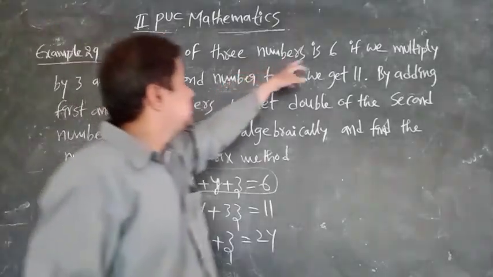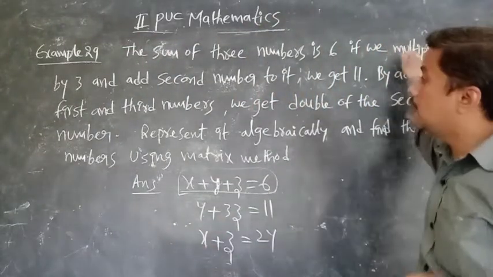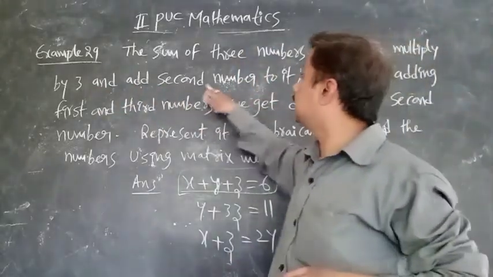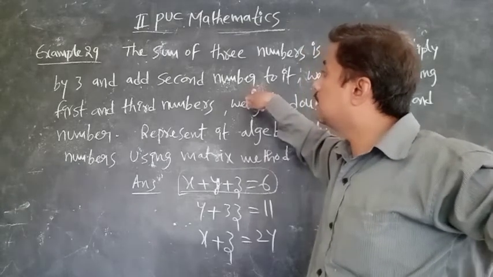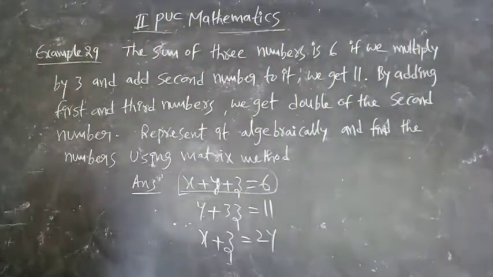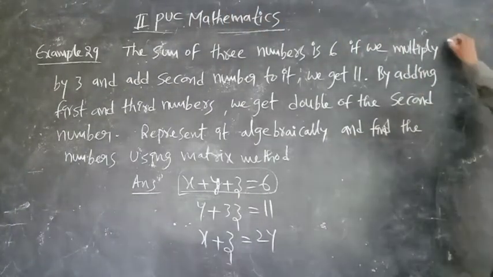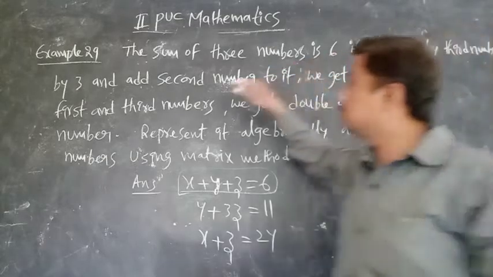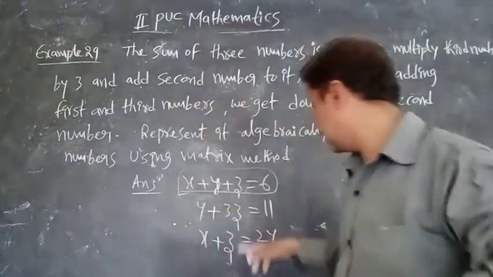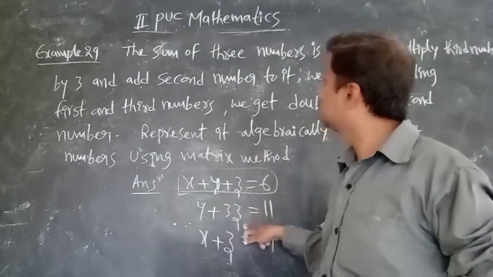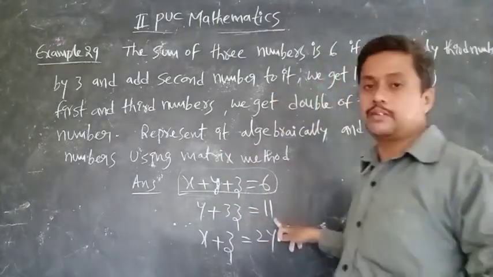Next, the second one. If we multiply the third number by 3 and add the second number, we get 11. The third number means z, so 3z, and the second number means y, so y plus 3z is equal to 11.